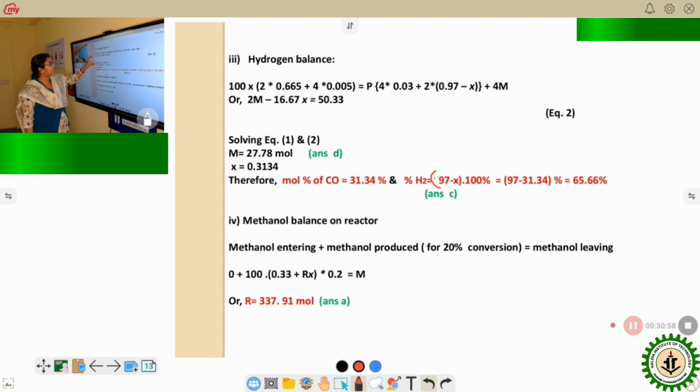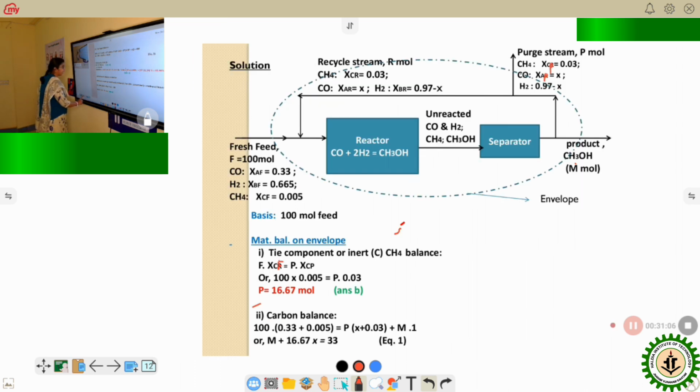We are getting the total number of hydrogen elements, that is 100 into in bracket 2 into 0.665 plus 4 into 0.005.